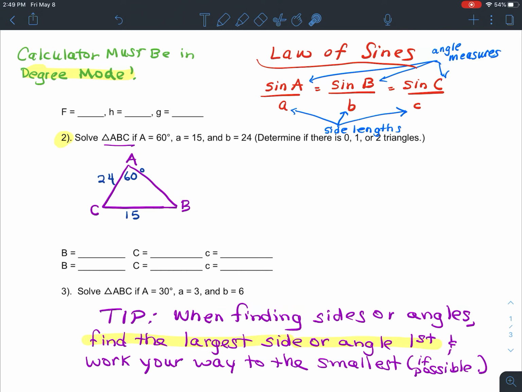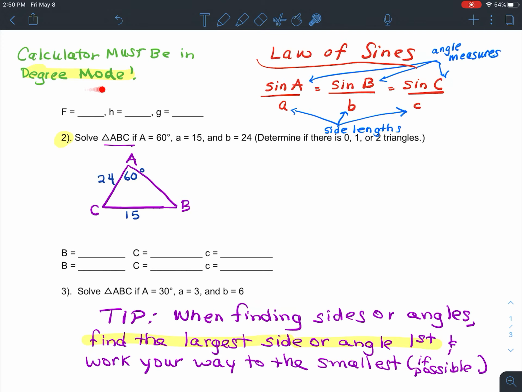I also have a couple of tips labeled on this screen here. One, and this is super important, your calculator has to be in degree mode. Unfortunately, degree mode is not the default mode. So you want to make sure you press the mode button on your calculator, I think it's maybe the 4th line down.